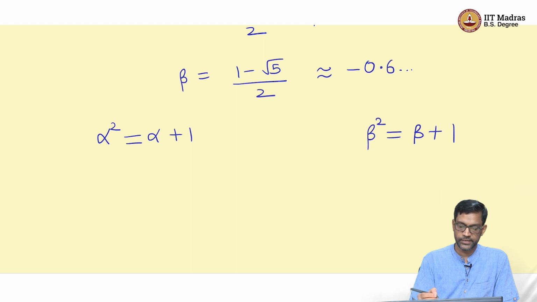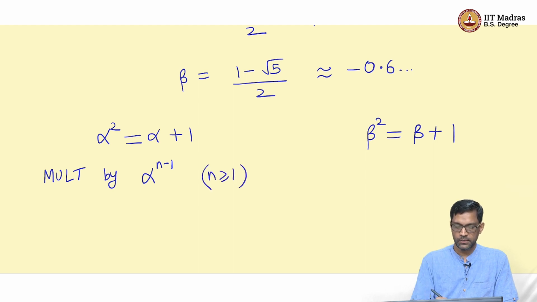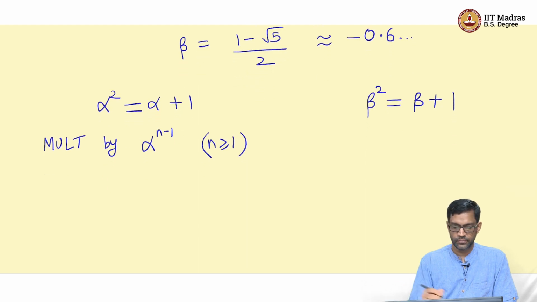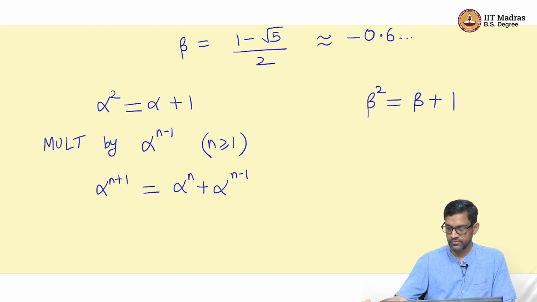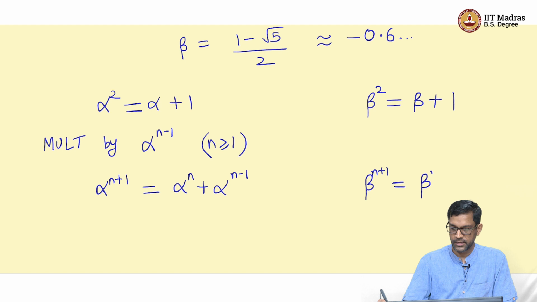We multiply both sides of this equation by alpha to the n minus 1, where I will assume n is at least 1. What does that give us? It tells us that alpha to the n plus 1 equals alpha to the n plus alpha to the n minus 1. Likewise, for beta, you conclude beta to the n plus 1 is beta to the n plus beta to the n minus 1.